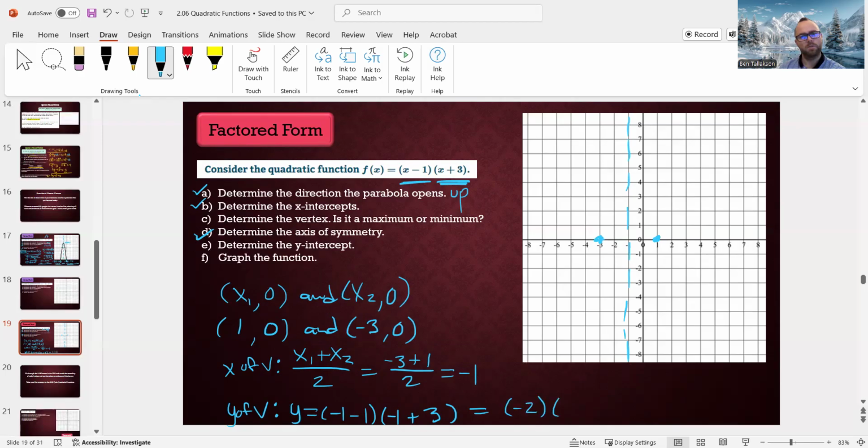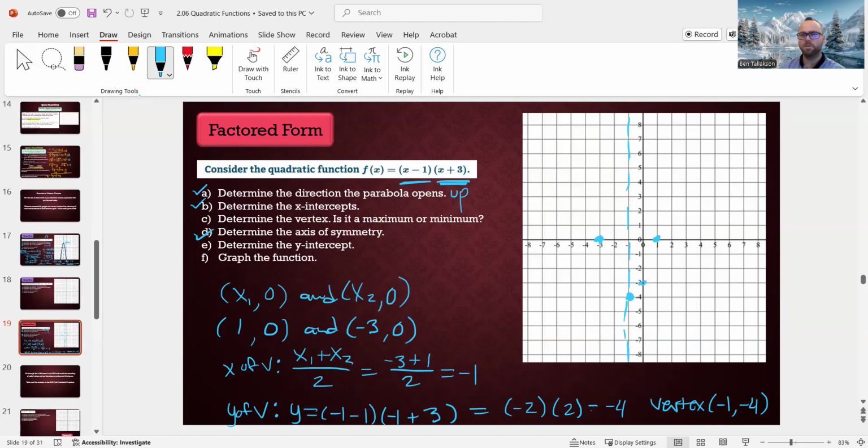Two times 2, negative 4. So the vertex is: x value is negative 1, y is negative 4, (-1, -4). There we go. And is our y-intercept going to help us on this one? Maybe.